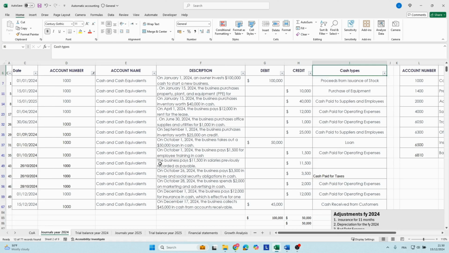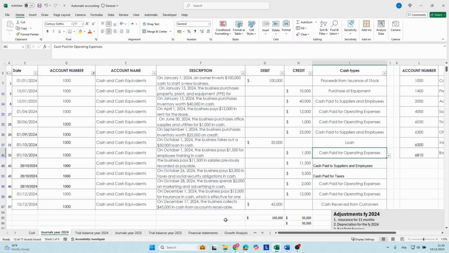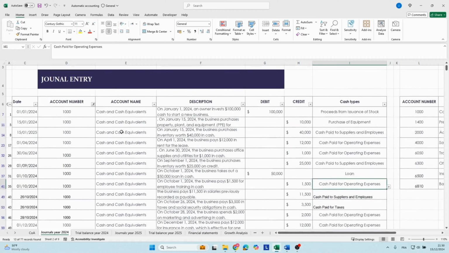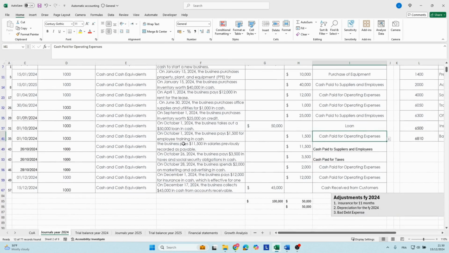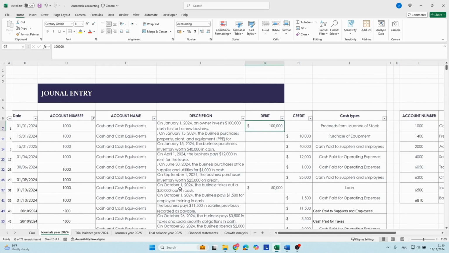So this is the business paid 1100 for salaries, so we need to add the cash type for this transaction. We select salaries and employees. This is similar to the general ledger for an account. You can see all the movements for our bank account.